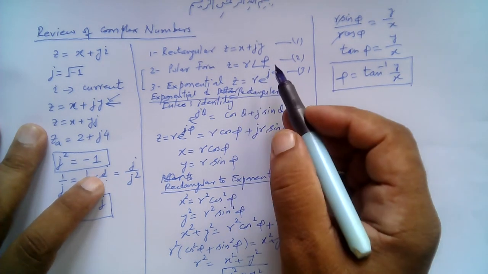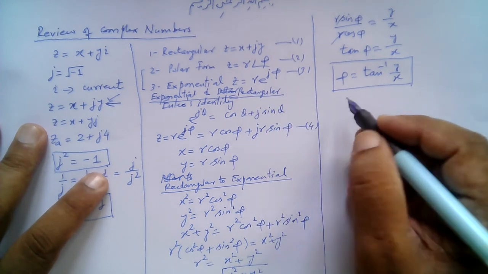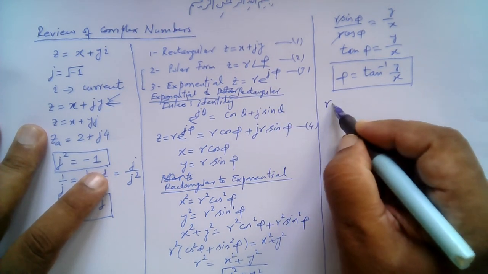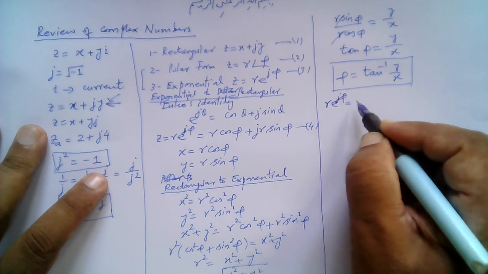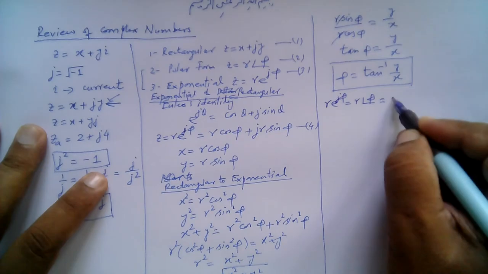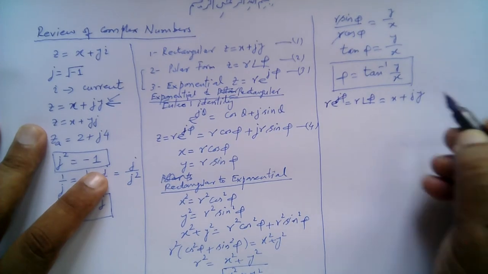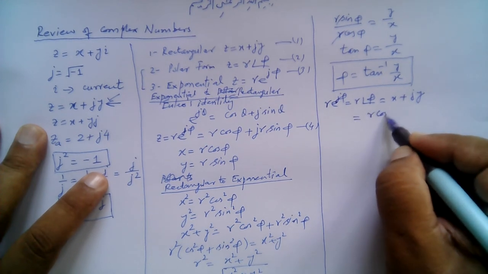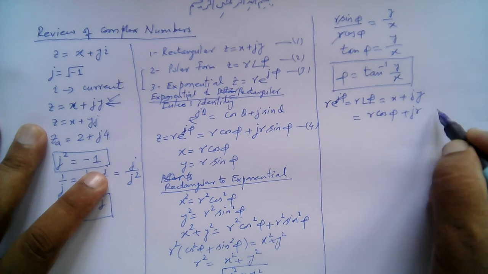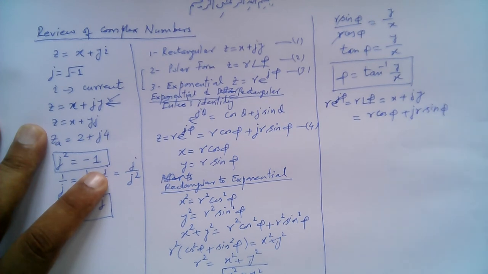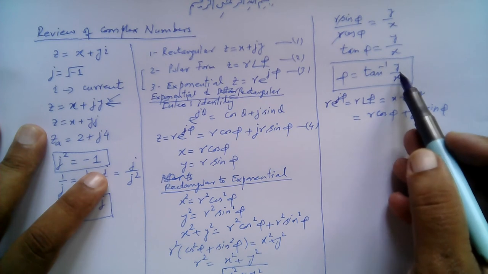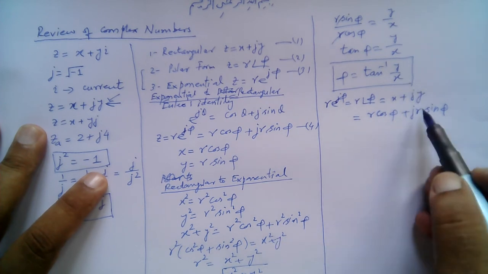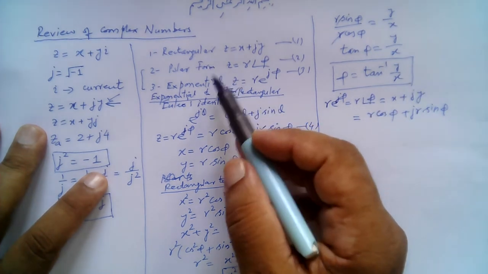In other words, we can write r e to the j phi is equal to r angle phi is equal to x plus jy, and that is equal to r cos phi plus j r sin phi. So given the rectangular form, we can find both the exponential form and the polar form.